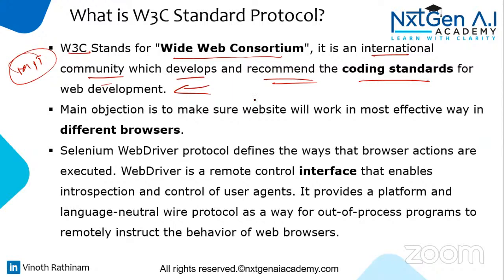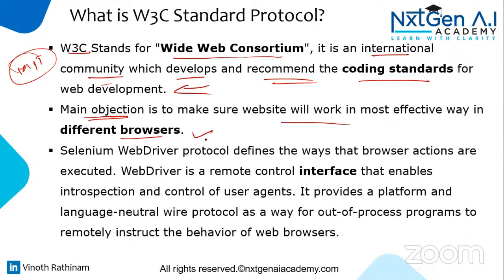If you follow W3C, it is going to have a lot of advantages. Because we have billions of websites, and if everyone follows their own standard, just imagine automating such things is going to be troublesome. If we follow proper coding standards, it is going to be much easier. The main objective is to make sure the website works in the most effective way in all the different browsers.